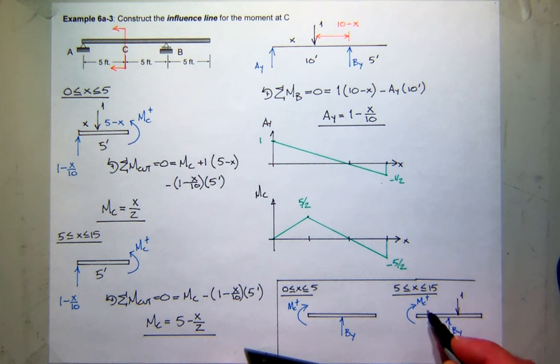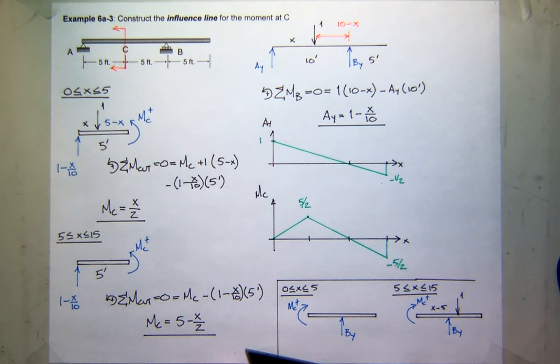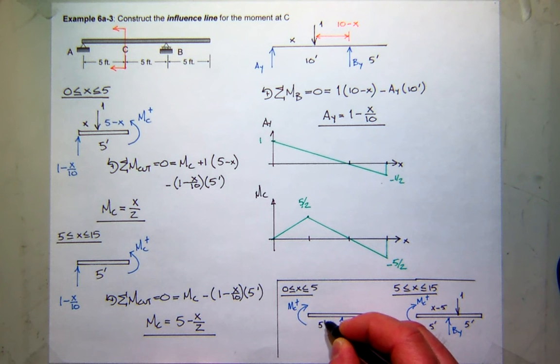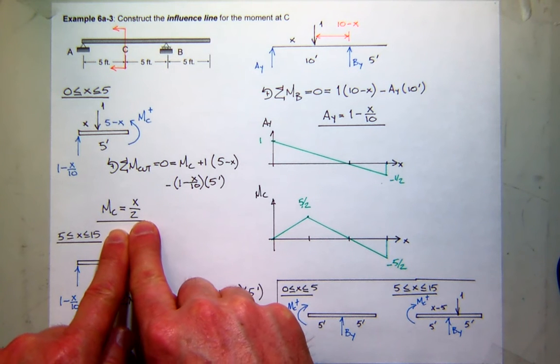And you'd have to work on these distances. The distance from here to here would be x, but this distance would be x minus 5 or something like that. This would still be 5. When you solve for this equilibrium, you will get that result.